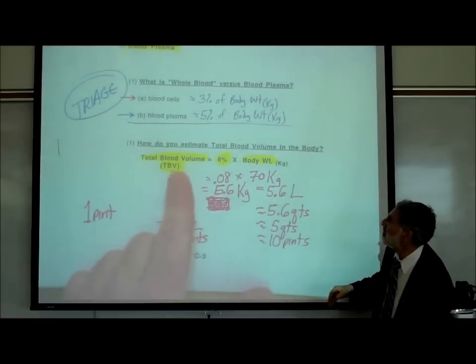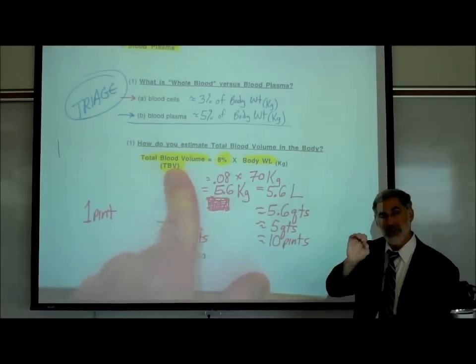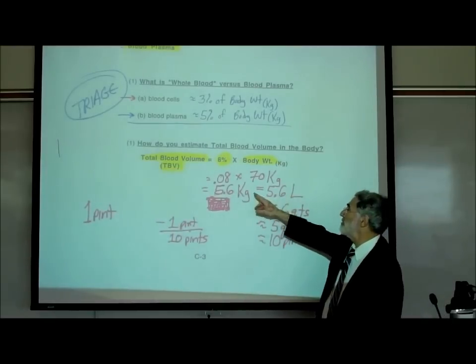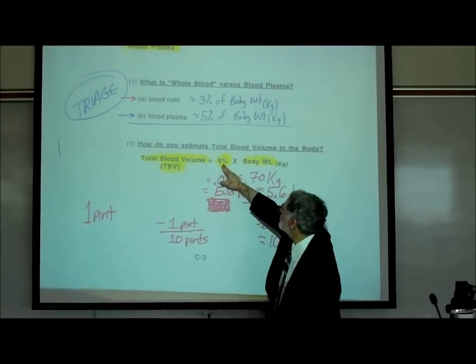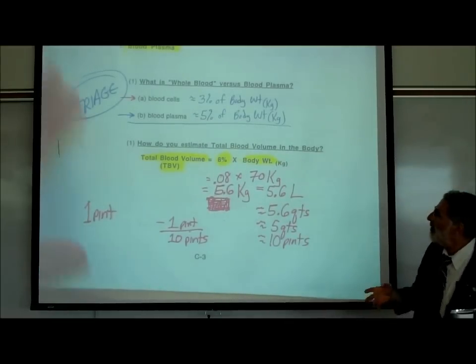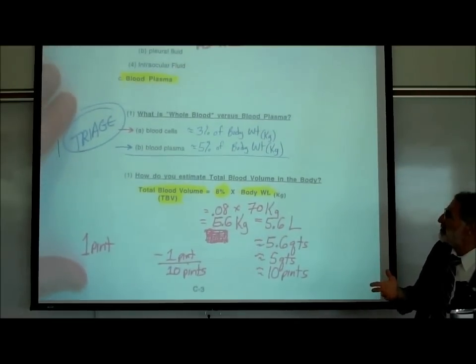So the blood volume, like most things in our body, is proportionate to our size, to our weight. And our TBV, or total blood volume, don't confuse that with total body water, TBW, the total blood volume is approximately 8% of our body weight expressed in kilograms. Now, where did we get this number 8%?